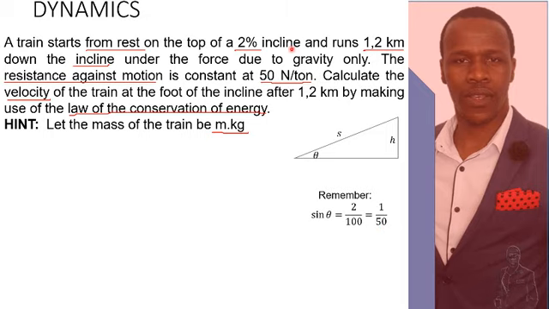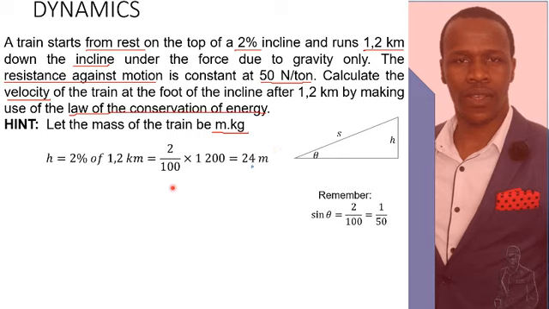Then we also know that S is equal to 1.2 kilometers, which is 1,200 meters. Now sine theta is equal to H over S. Then we can make H the subject of the formula. When we make H the subject of the formula, this is what we get.